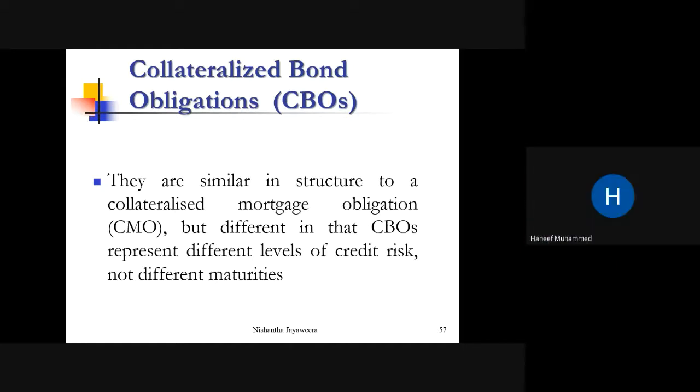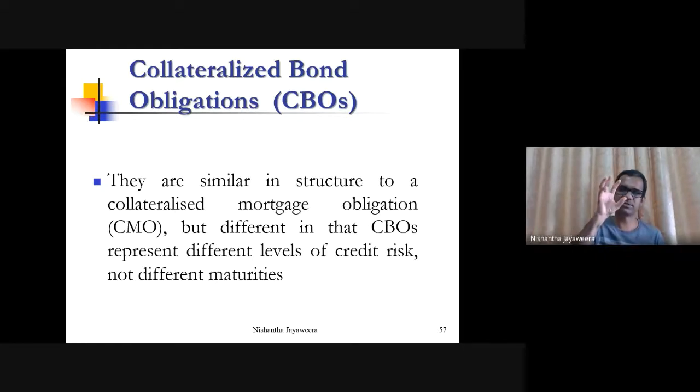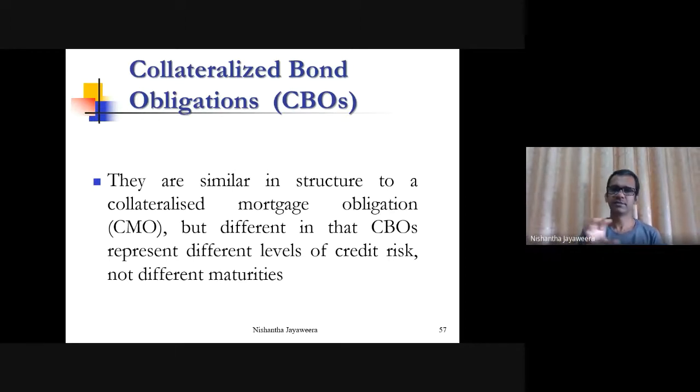Yeah. In this, there can be two or three sets of securities. Say one is 10-year with a 5% interest rate. Another one would be 10-year with an 8% interest rate, something like that. The 5% one will fall into the senior tranche. The 10% one would be the mezzanine tranche, and another 12% one would be the equity tranche.